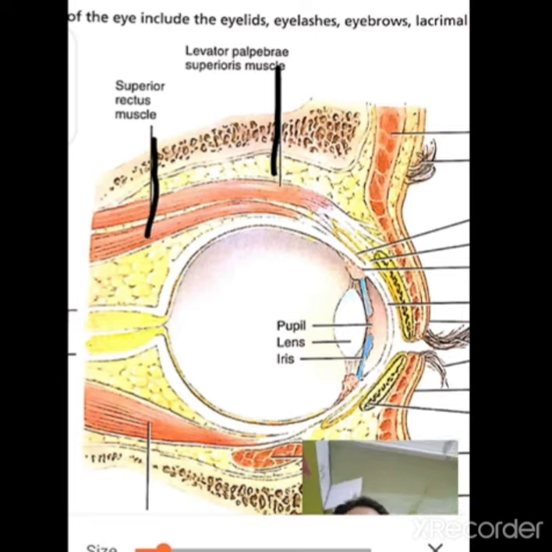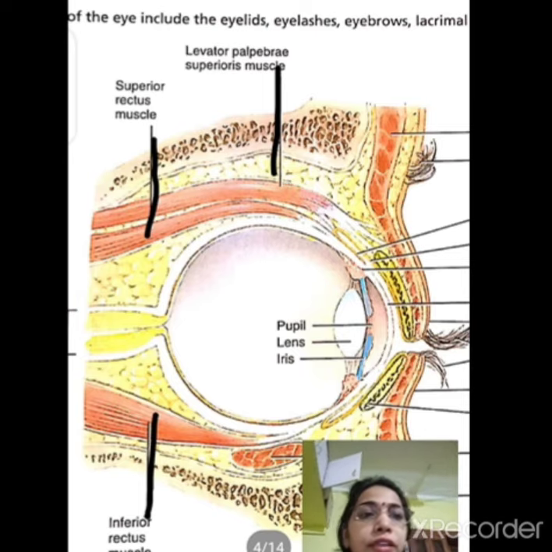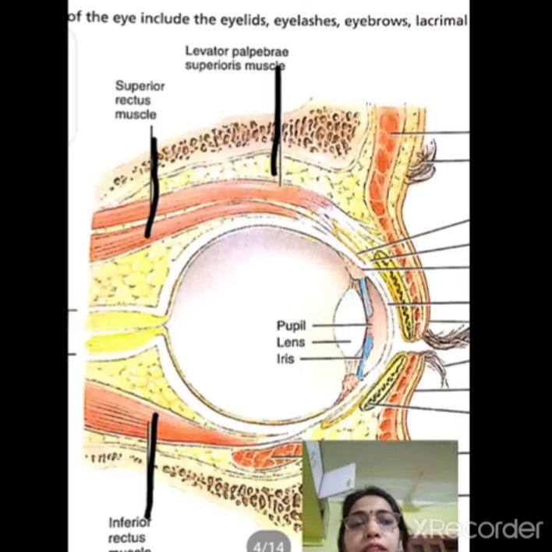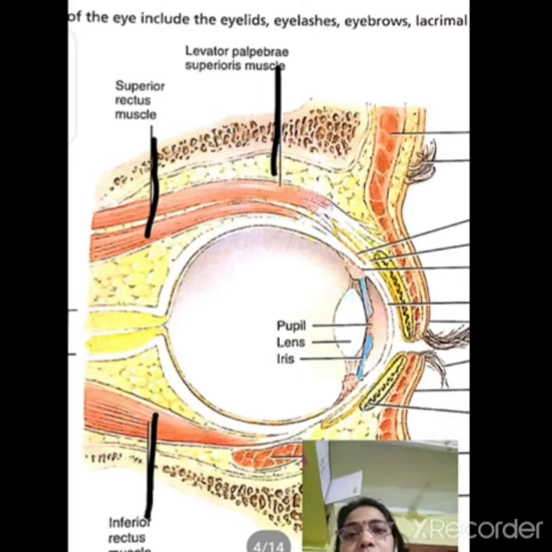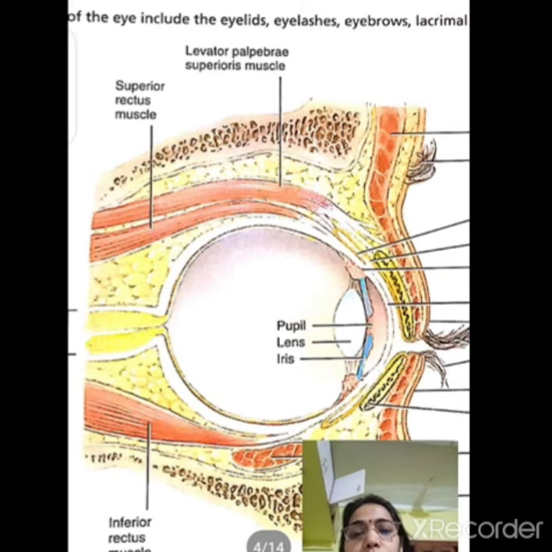At the lower end there is the inferior rectus muscle. This is the sagittal section of the eye and accessory muscles. See, superior rectus muscle, inferior rectus muscle, levator palpebrae superioris, and the orbicularis oculi muscle. So these are the various muscles.